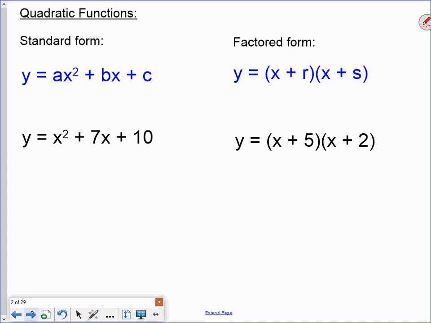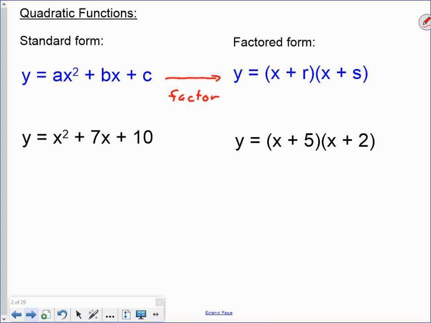So just to take a step back a little bit, we have been working primarily with quadratic functions in standard form, and then we have taken standard form and factored it to get it into what we've called factored form. An example of standard form is down here, x squared plus 7x plus 10.